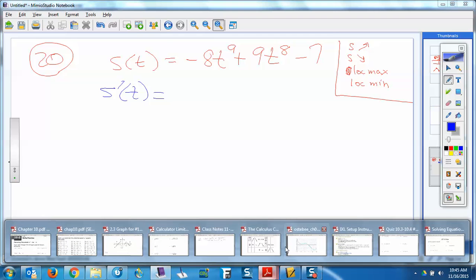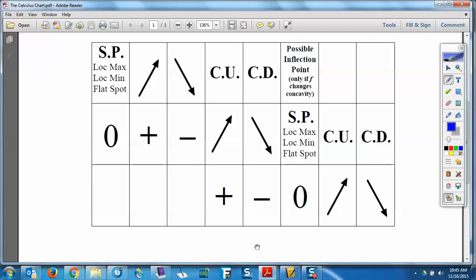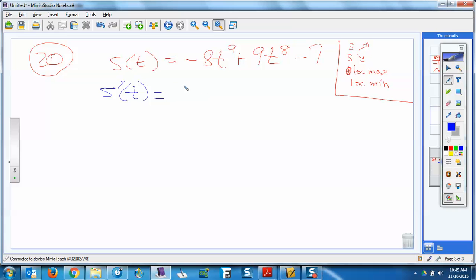And we got our chart right here. What do we care about on the chart? Right here on the S prime line. This is S prime. We care about where S prime is 0. That's what gives us all this stuff right here. So we go to S prime, and that would be negative 72 t to the 8th plus 72 t to the 7th. The derivative of the constant is 0. And we're going to set that equal to 0.